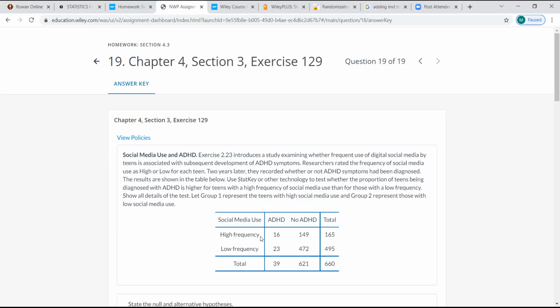The high frequency group is group 1. The low frequency group is group 2. The number of students in the high frequency group is 165, and in the low frequency group is 495. Those are the sample sizes for the two groups. Any questions about that? Because again, it's a little confusing the way they worded it here, and I just want to make it clear how to do this problem.